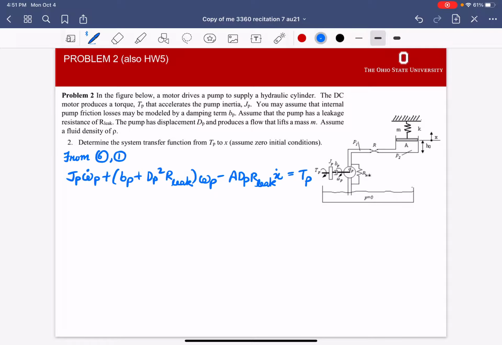And then similarly, we can also write down, or model, the piston motion equation. And that would be from 3, 4, and 7. So after you use all of those equations, you will end up with an equation that looks something like this.